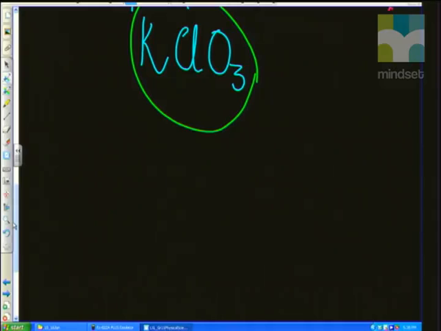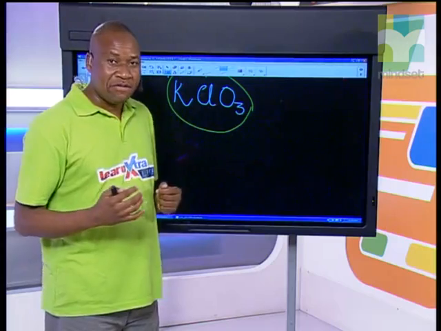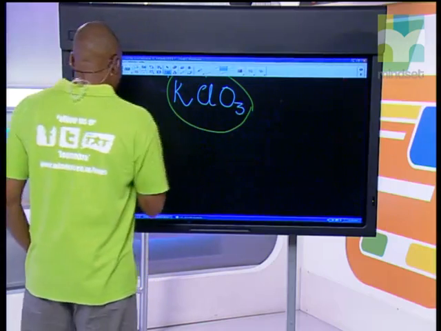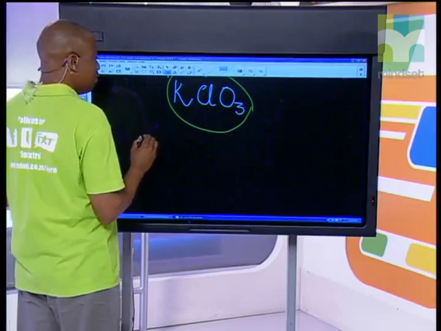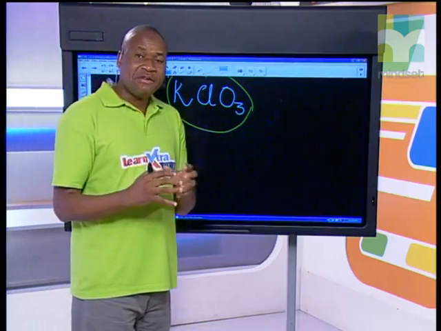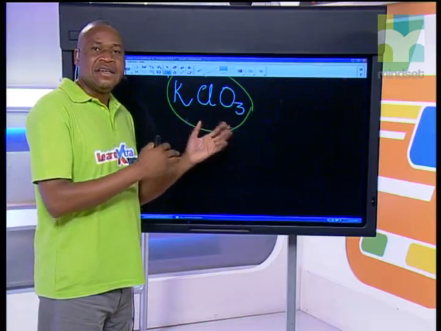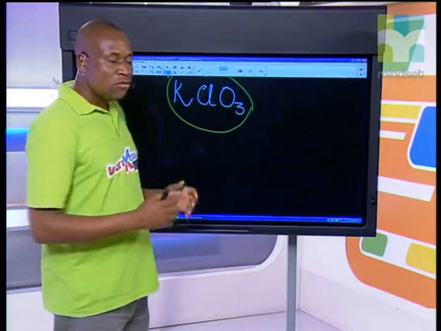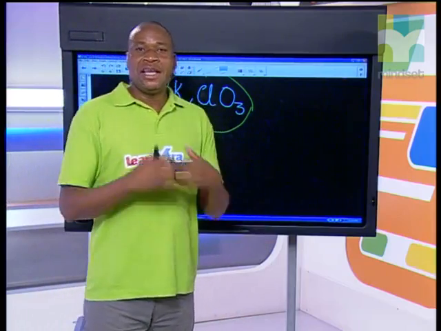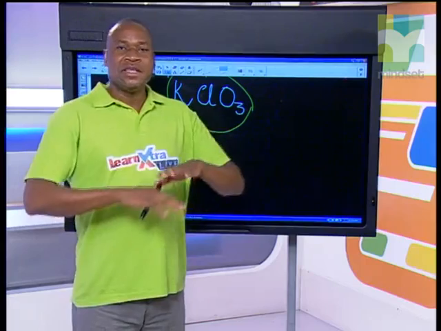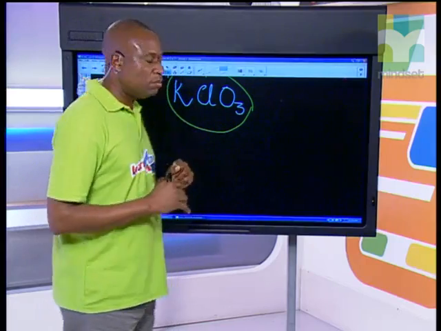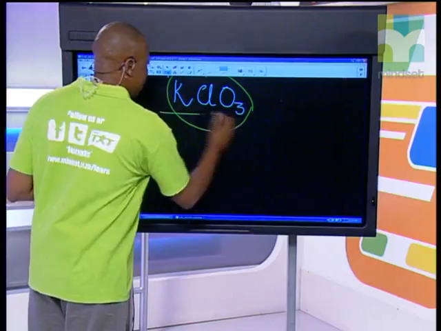This is potassium chlorate, and as it is, it's giving us both the empirical formula and the molecular formula. So what we need to know is that the empirical formula can give us the molecular formula, but the molecular formula is not necessarily the empirical formula. In this case, we were lucky that the empirical formula happens to be the final formula for the substance we were looking at.